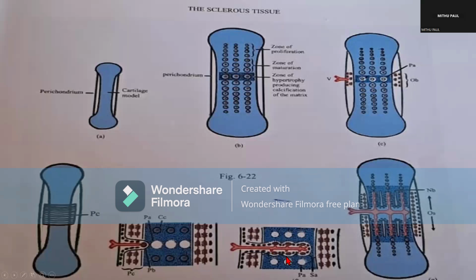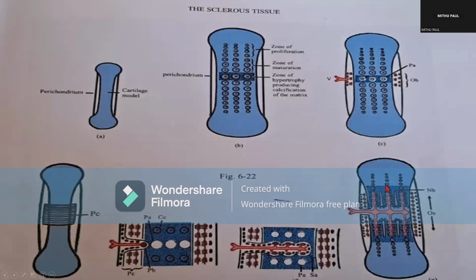Even inside, the central areolae merge with one another to form a bigger one, the marrow cavity. Surrounding the marrow cavity, because of the invading blood vessels along with the osteoblasts, trabecular bones form. And the osteoblasts lying underneath the perichondrium, now converted to periosteum, form the Haversian system to form the cortical part of the bone.